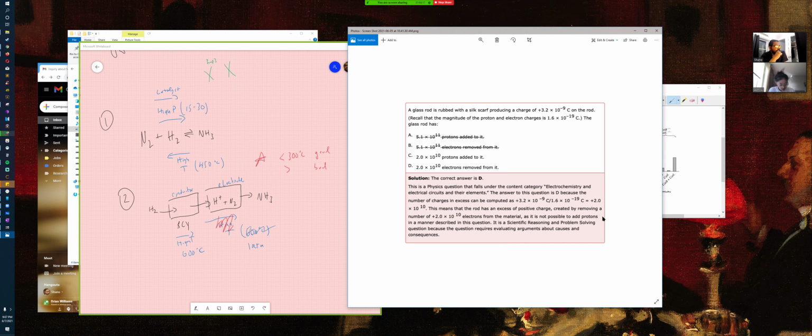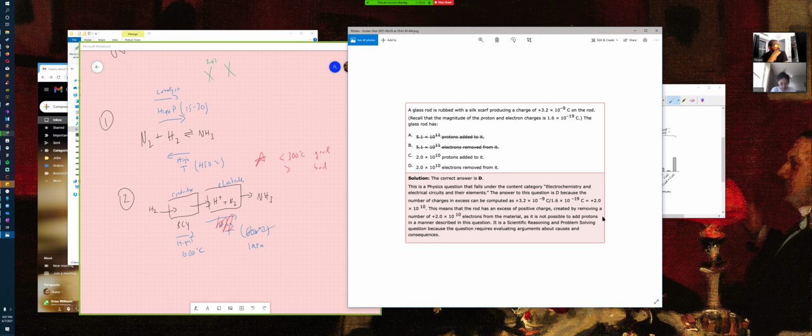Okay, so it's rubbed with a silk scarf, producing a charge of that. And just know that the magnitude of the proton and electron charges is also that, the 1.61. So the glass rod has, okay, how many things were added to it, right?